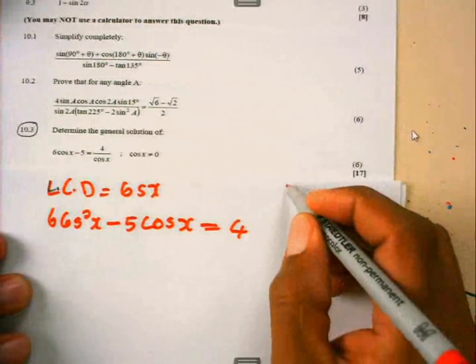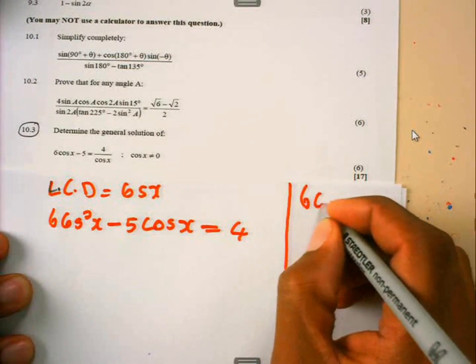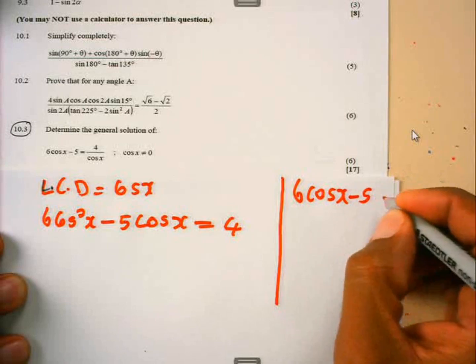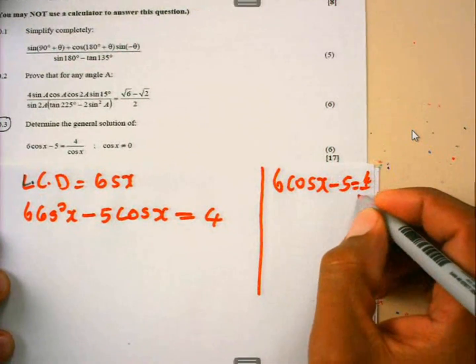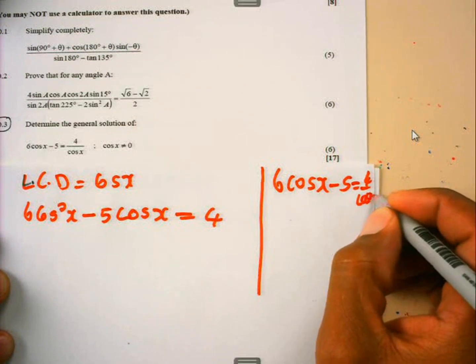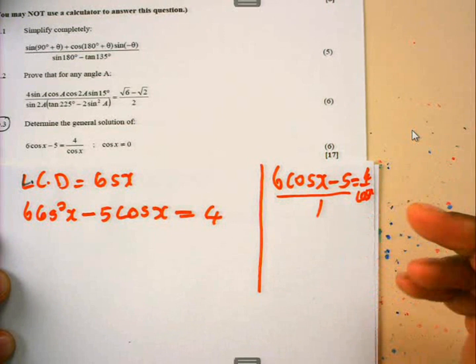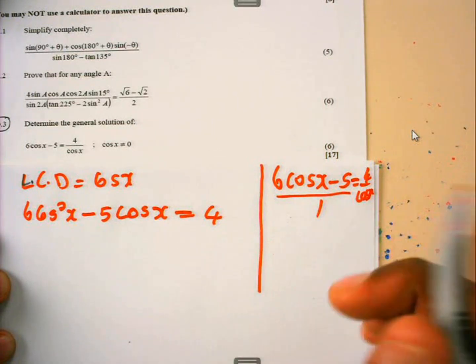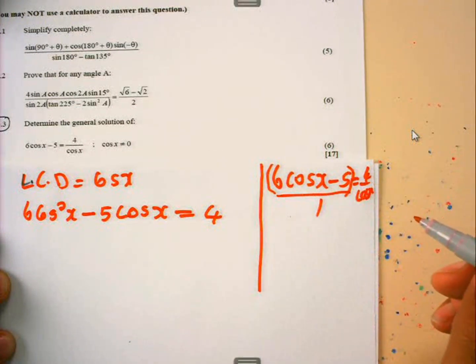One can also decide to take 6 cos x minus 5, which is equal to 4 divided by cos x, and say this is the same as divided by 1. You treat 6 cos x minus 5 as if it's one term, so you need to put it inside brackets.